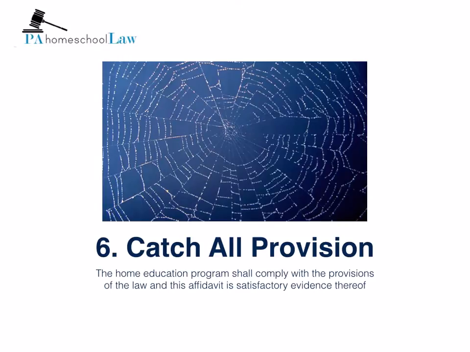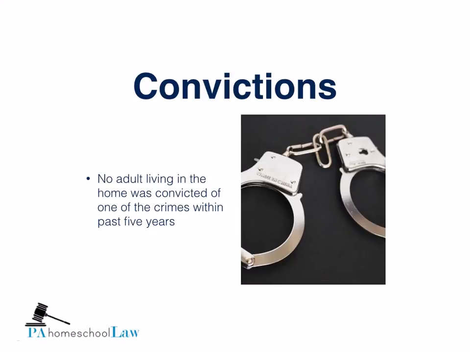Okay, so let's move on to the last and maybe the most important element of the affidavit. The affidavit must include a certification signed by the supervisor that the supervisor, all adults living in the home, and persons having legal custody of a child or children in a home education program have not been convicted of the criminal offenses enumerated in subsection E of Section 111 within 5 years immediately preceding the date of the affidavit.